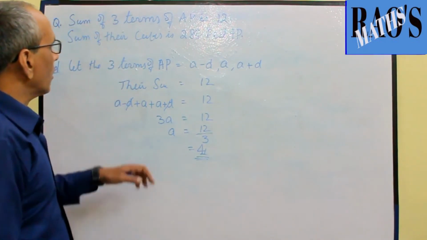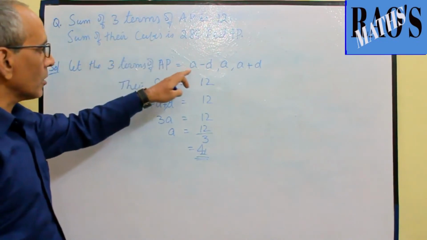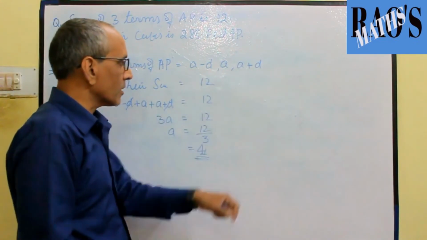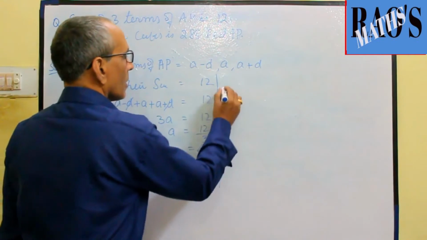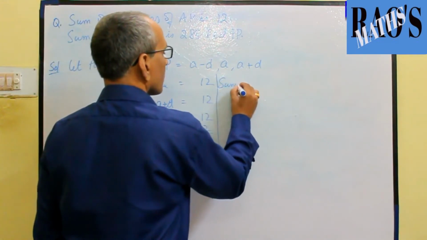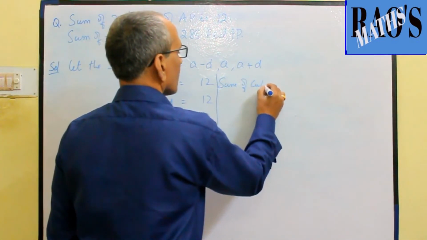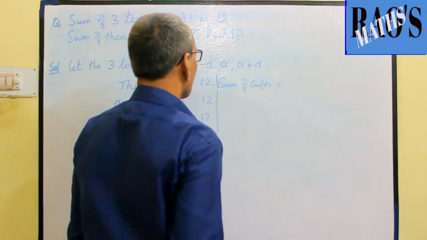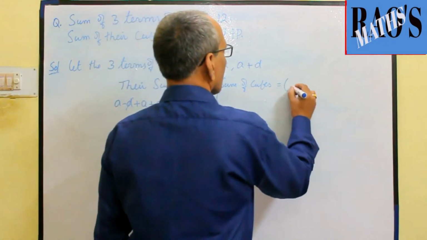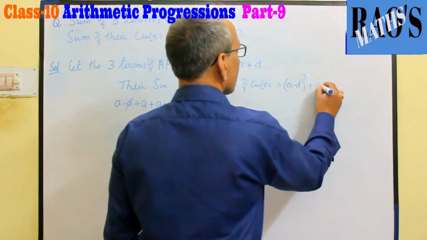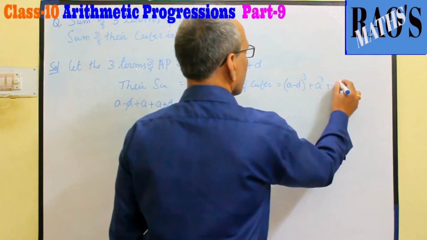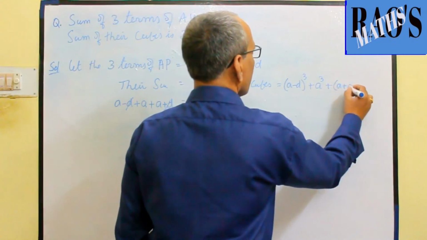And also you are given the sum of their cubes, the cubes of all the 3 terms. Sum of cubes is equal to A minus D whole cube plus A cube plus A plus D whole cube.